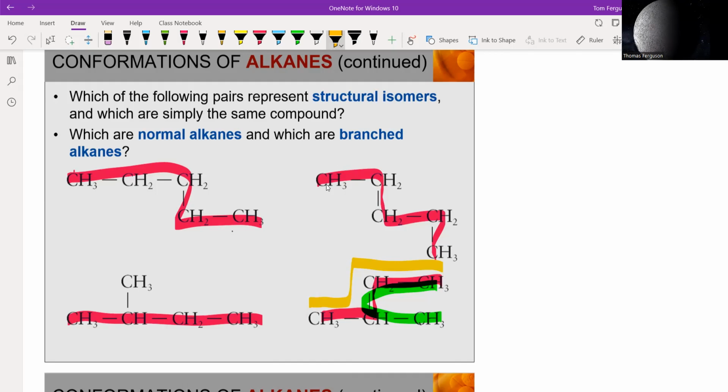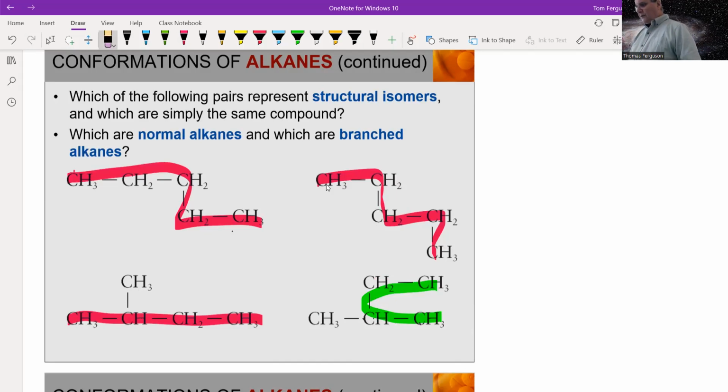Four. Yeah. So there's 3 chains here. One is shorter than the other 2. There are 2 4s, 1 3. All right, so let's just keep the green one.